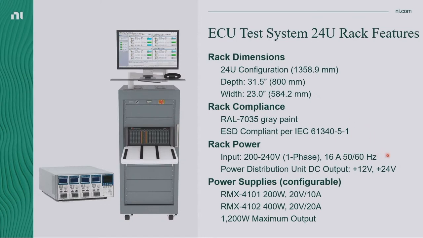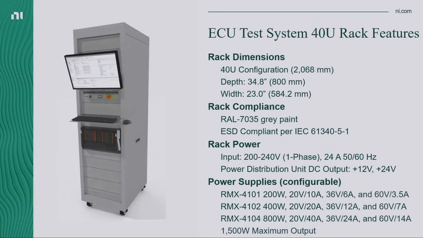The input power is single phase 200 to 240 volt, 60 amp. The power distribution unit DC output is 12 volt and 24 volt. The power supply is configurable up to a maximum output of 1200 watt.